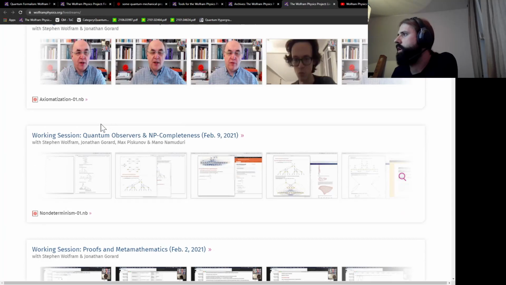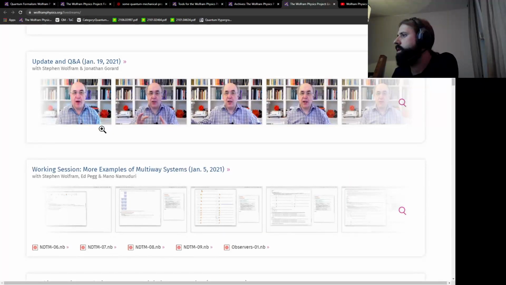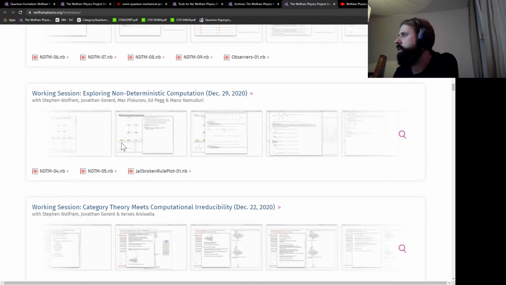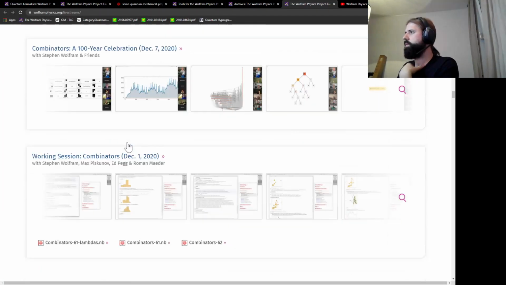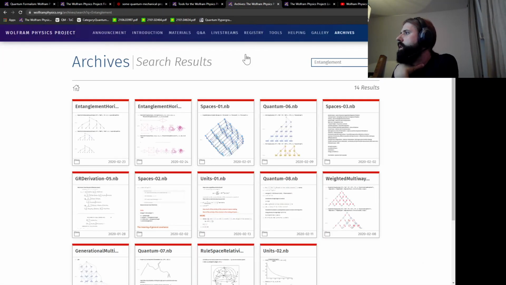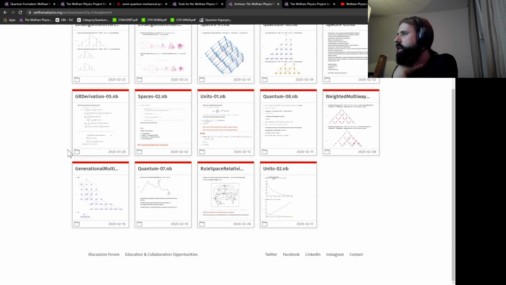Quantum observers and NP completeness. More examples of multi-way systems. This is quite complicated to navigate past the introduction stuff.